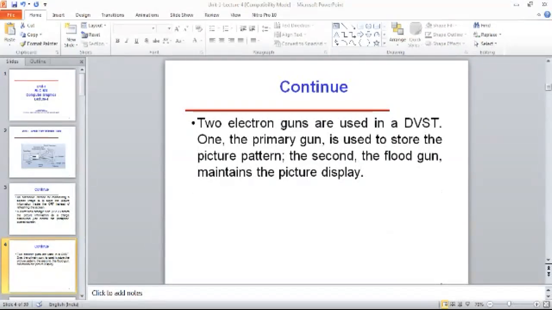The second one is called the flood gun, which maintains the picture display. How do we get the picture display in the direct view storage tube? We use two electron guns: the primary gun, which stores the picture pattern, and another that maintains the picture display.